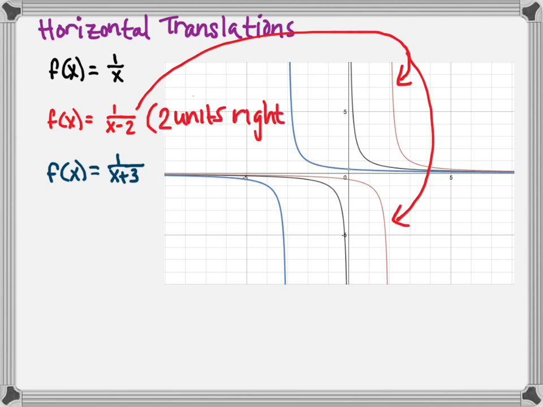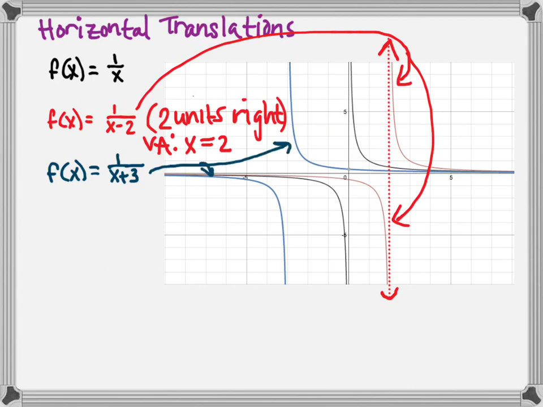And this is a translation 2 units to the right. You'll notice that here the vertical asymptote shifts 2 units to the right to be x equals 2. I'm saying it's shifting to the right because the parent function starts at x equals 0, so it's going 2 units right.